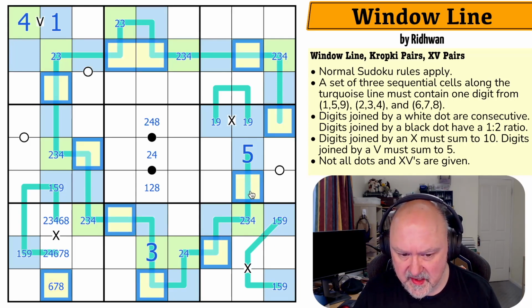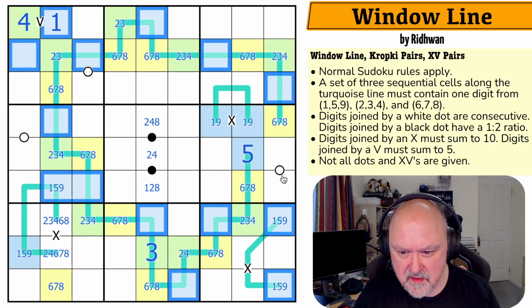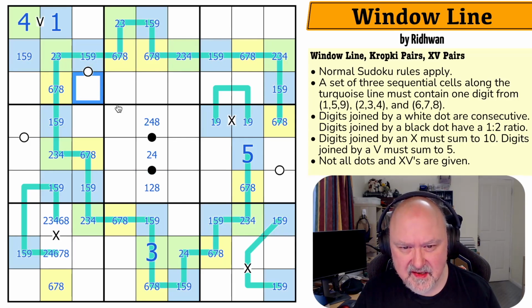Yellow being 6, 7, 8, and blue being 159. 159 can connect to anything.